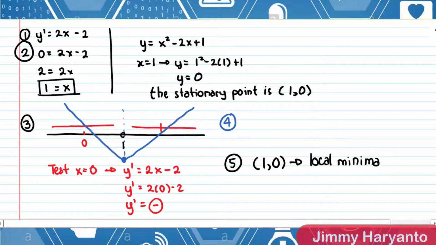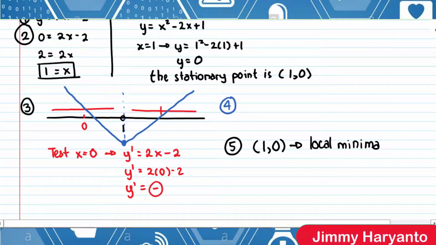Why can we determine it like that? Because the curve is changing from decreasing to increasing.